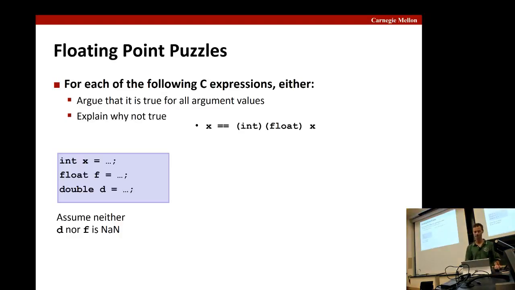Good, very good. Okay, what about for a double? What does it say about doubles? Works out just fine, right? Because there's enough bits. As long as the int is less than 53 bits.